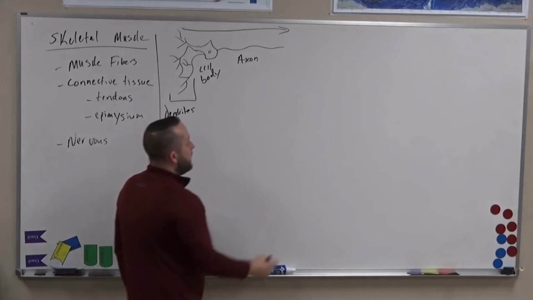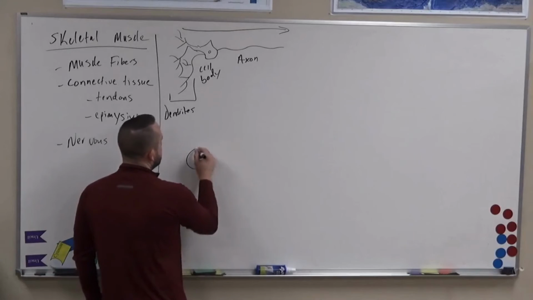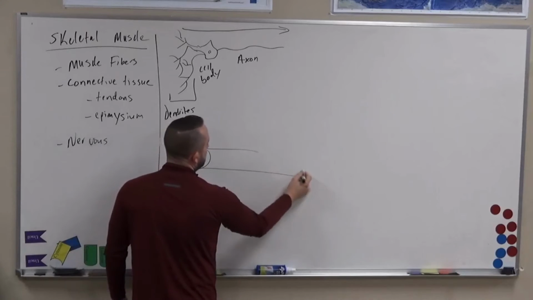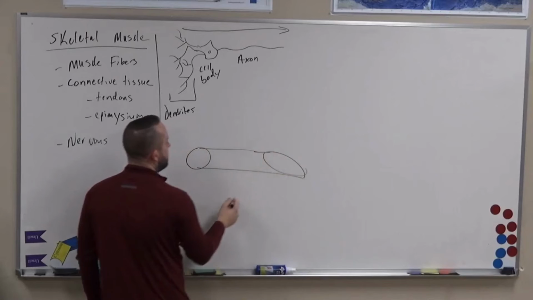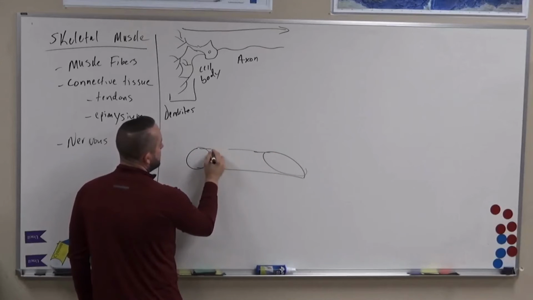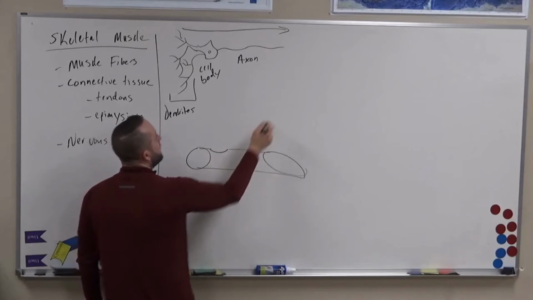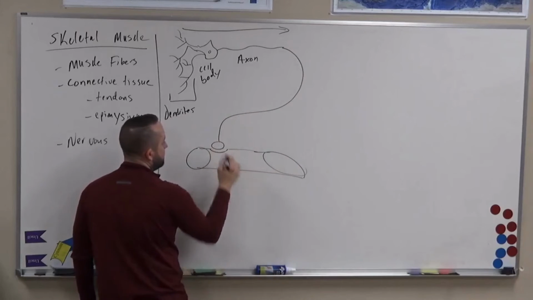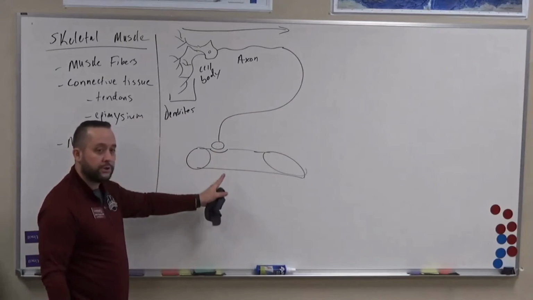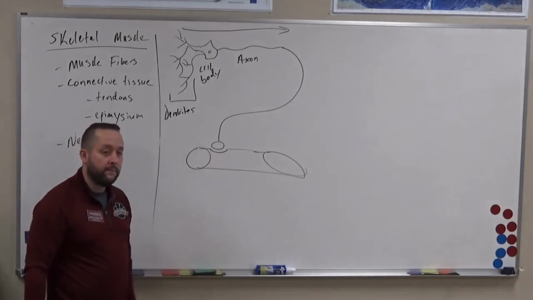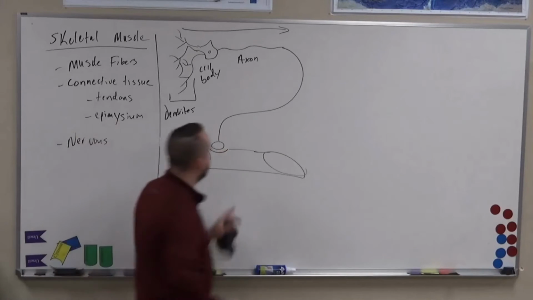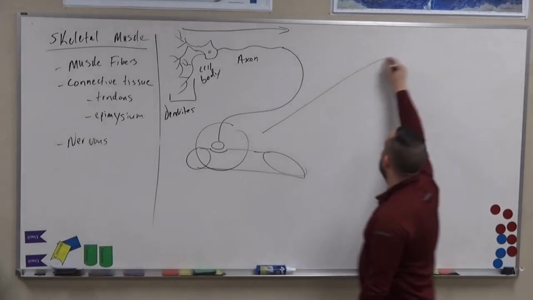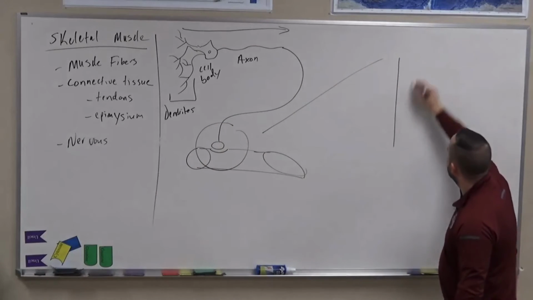All right? And if you were to zoom in on your muscle cell, there would be a little depression in that membrane, and this would actually end in a bulb. And they don't touch. There's a space in between. So I'm going to draw this picture a little bit bigger over here.